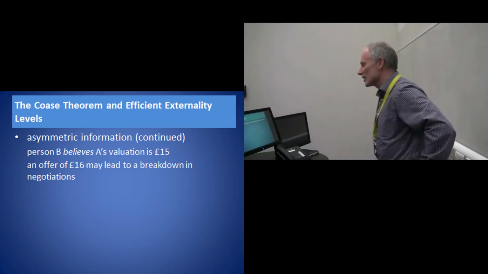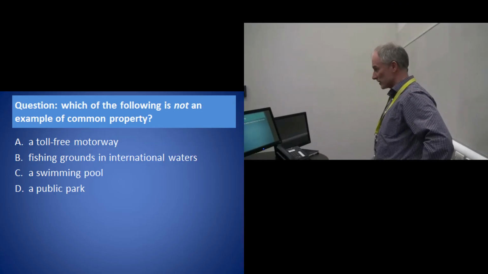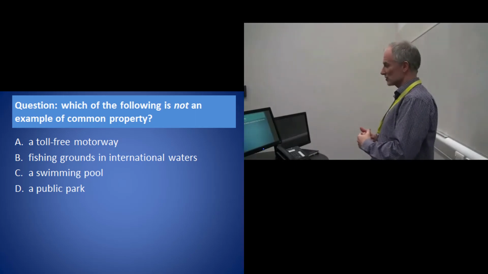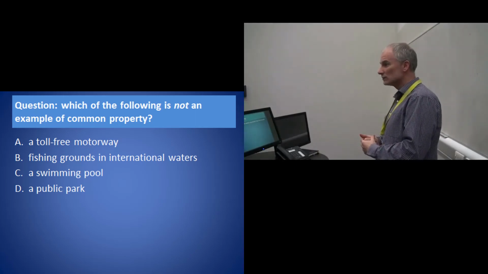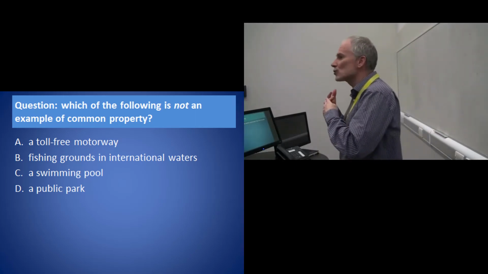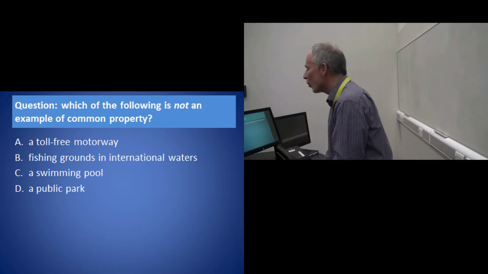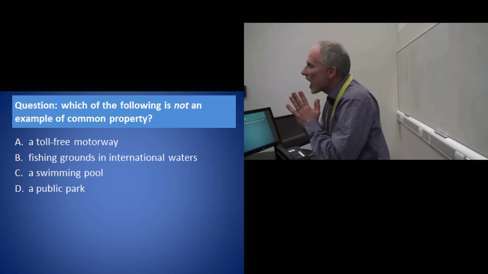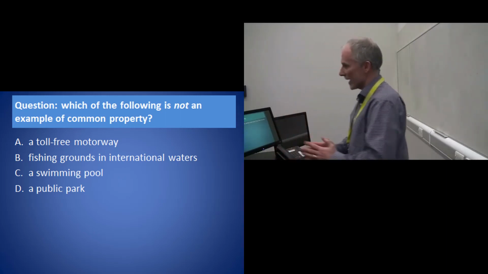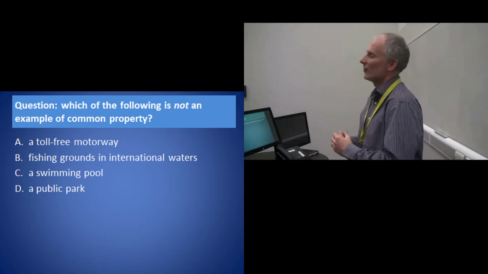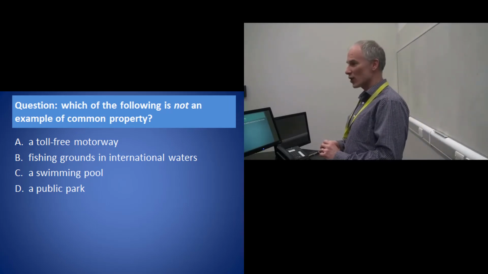At the beginning of the lecture, I said that we're going to look at common property and relate this to this topic that we're doing of externalities. Now, common property is a resource to which everyone has free, unrestricted access. And you'll be very, very familiar with examples of common property.